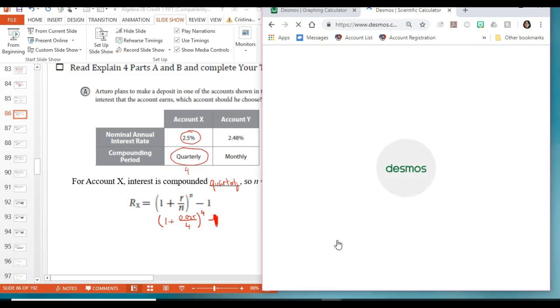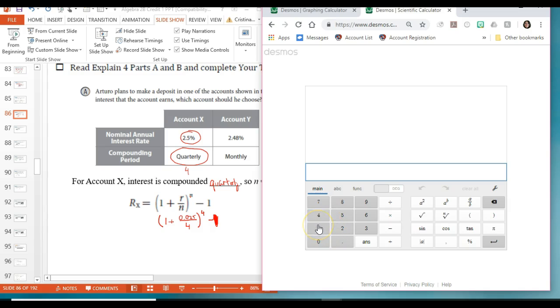We put in parentheses 1 plus fraction 0.025 over 4, close the parentheses, to the 4th power, minus 1.